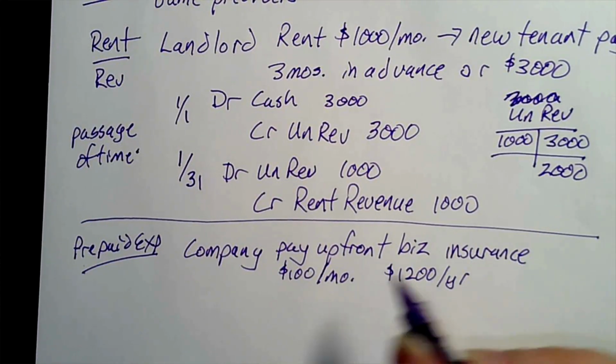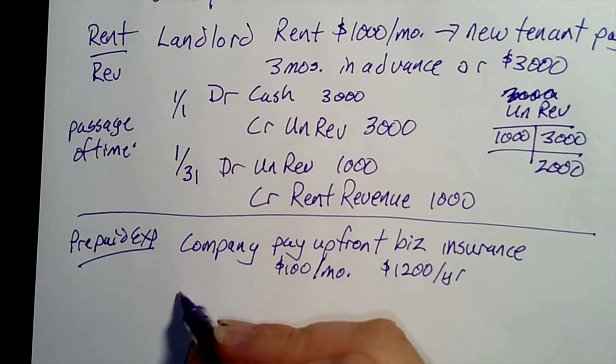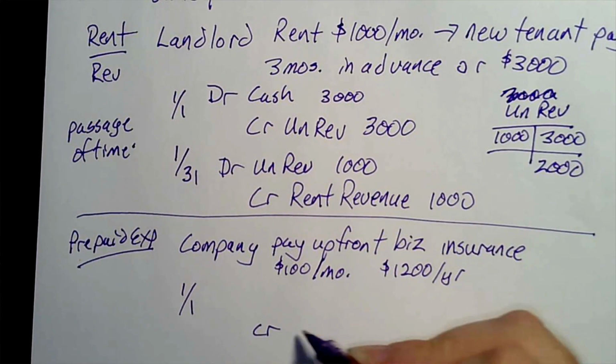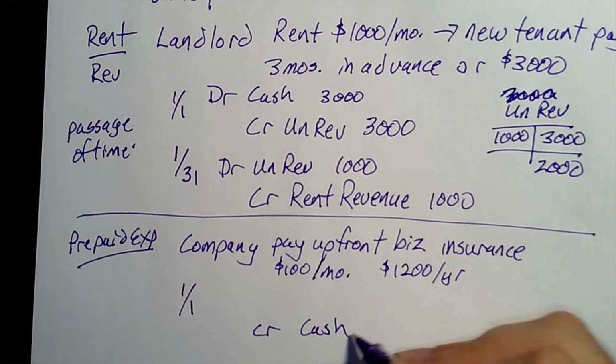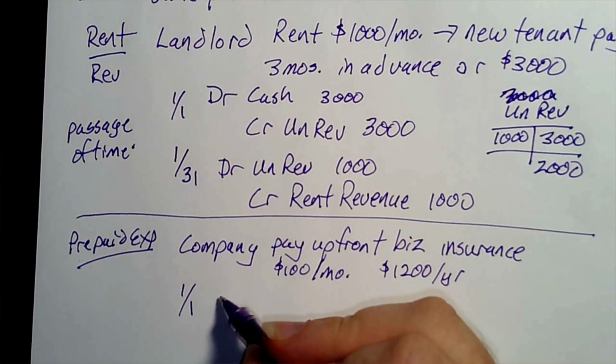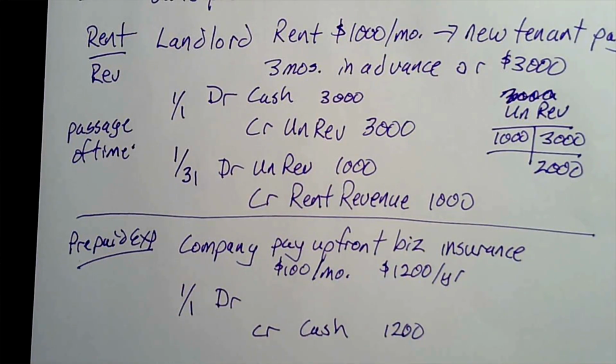So on January 1st, we, the company, are going to credit cash of $1,200. And what do we get for that? Well, we get 12 months worth of insurance coverage, but we haven't used any of the insurance because it's still just January 1st. So we need to stick that amount in an account saying, hey, this is our insurance coverage.